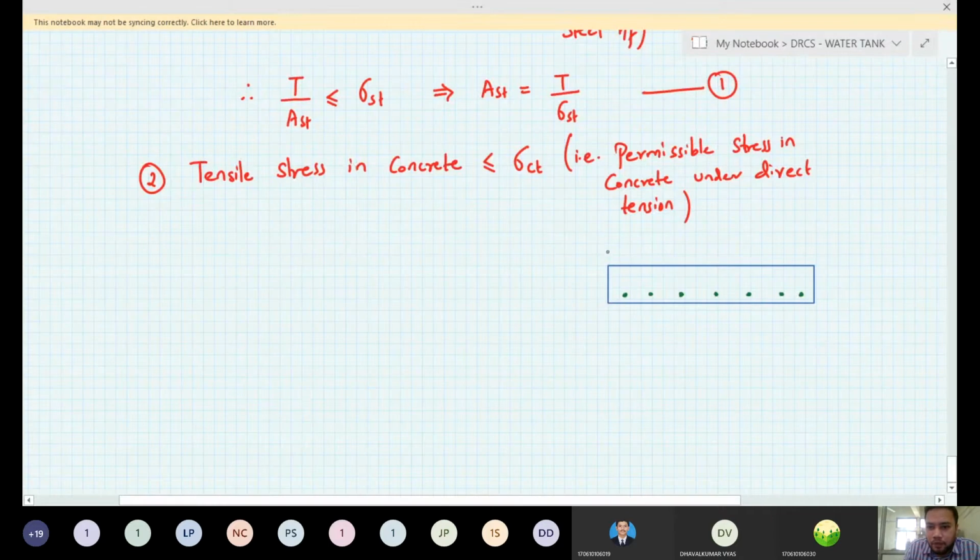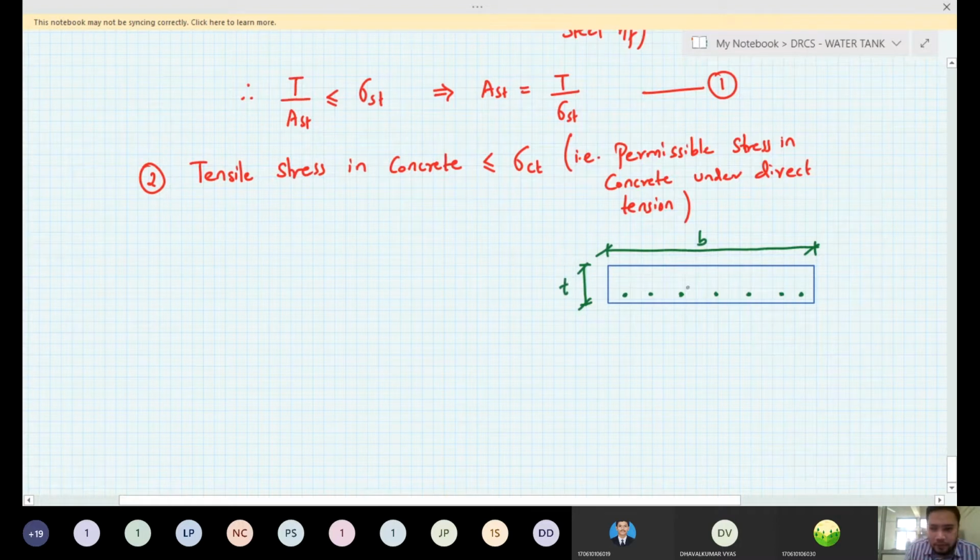Let this be B, that is the width, and let this be the overall depth, that is t.